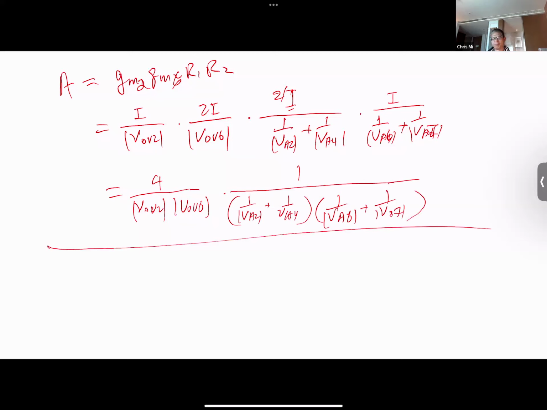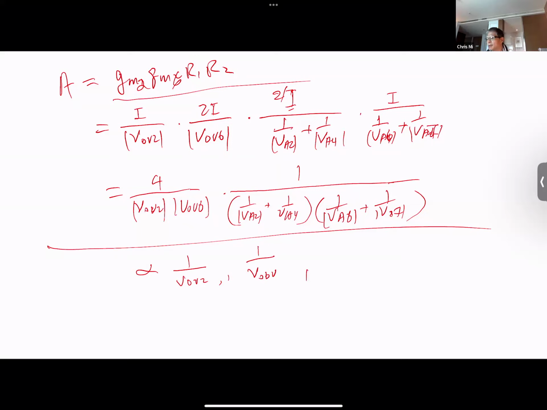This is kind of a pretty complex equation, but the idea is that over here you can see the total gain, even though we divide it by a number of terms, is inversely proportional to VOV2 and VOV6, right?